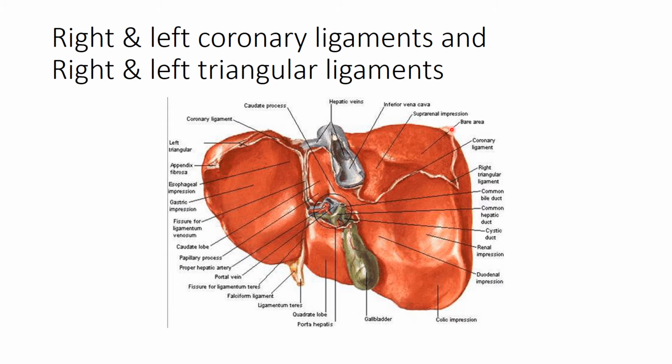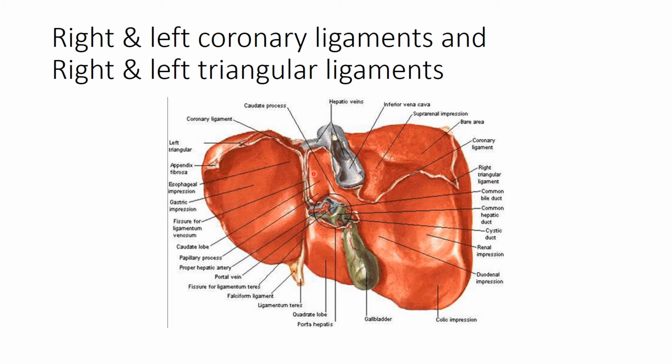But on the right side, since they are bifurcated widely, they are known as the superior and inferior layer of the coronary ligament, and the wide area in between is in direct contact with the undersurface of the diaphragm and is devoid of any peritoneal covering, so this makes the bare area of the liver.